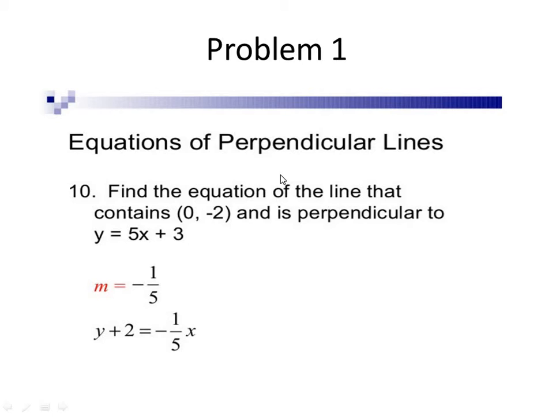The slope of a line perpendicular to another line is the negative reciprocal of the first one's slope. Where is the slope here? For the first line, y equals 5x plus 3, the slope is 5. The reciprocal is 1 over 5, I flip it over, then I multiply it by a negative, so it will be negative 1 over 5.